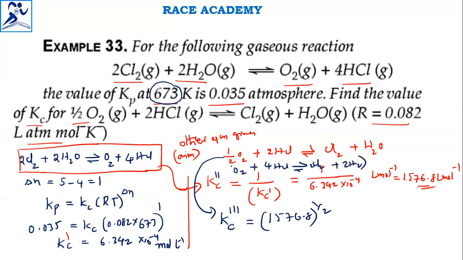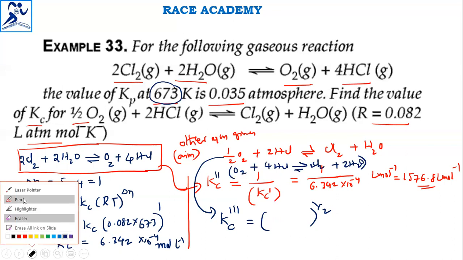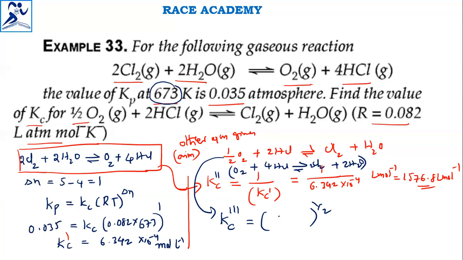So for that equation only we wrote Kc double dash, and Kc triple dash we are writing, that is the Kc double dash value whole power 1 by 2. That means Kc double dash value whole power 1 by 2 is the value of Kc triple dash. So I am considering Kc as triple dash.